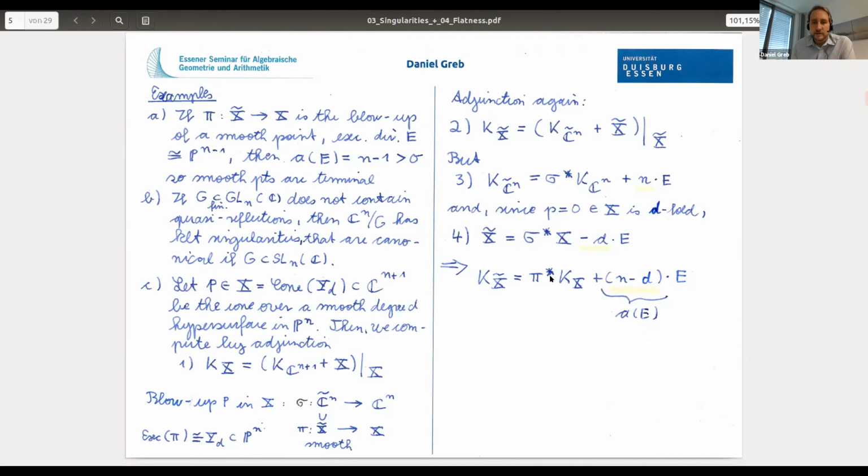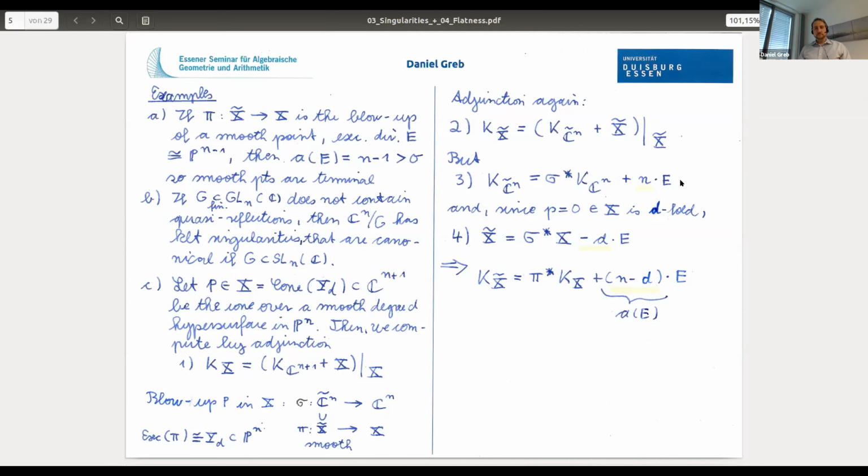It's just the pullback of the canonical divisor of C^{n+1} plus (n+1)-1, so plus n times the exceptional divisor, which is a P^n. That's just what I said: if I blow up a smooth point, I get a discrepancy of dimension minus 1. In this case, it's n.